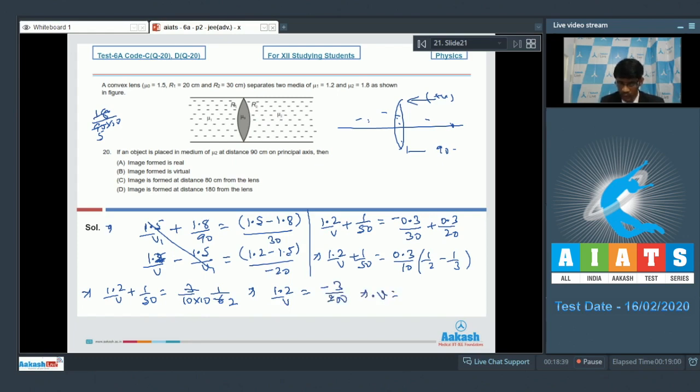So 1.2 by V equals minus 3 by 200. So V is 12 by 10 into 200 divided by 3 with negative sign. V is coming out to be minus 80 actually. While looking into the options for question number 20, the image formed is virtual, yes, and the image is formed at a distance of 80 centimeter from the lens. So options B and C are the correct answers.